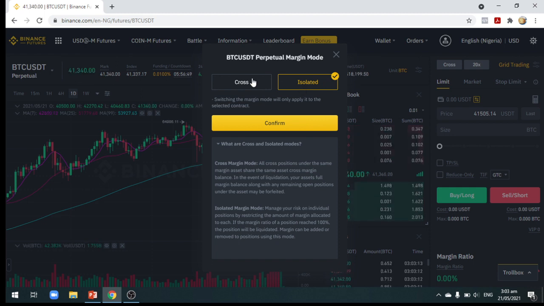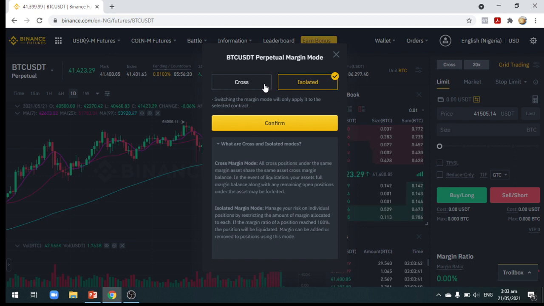Whereas in cross margin, you have the entire positions being managed by one central margin. So when one position gets liquidated in cross margin, all the other open positions will be liquidated. But in isolated margin, when one position is liquidated, the other open positions will not be affected.